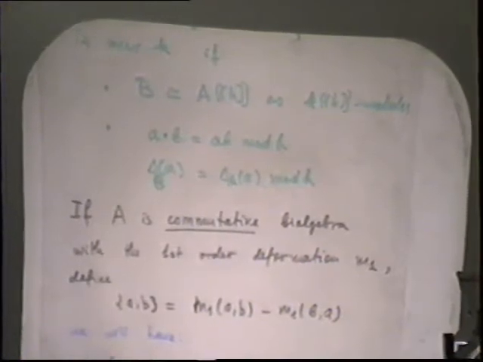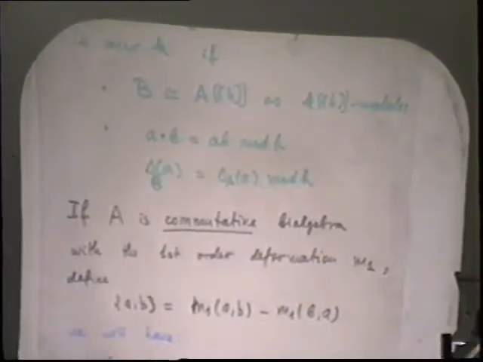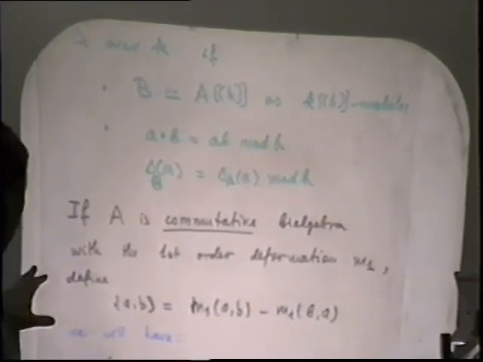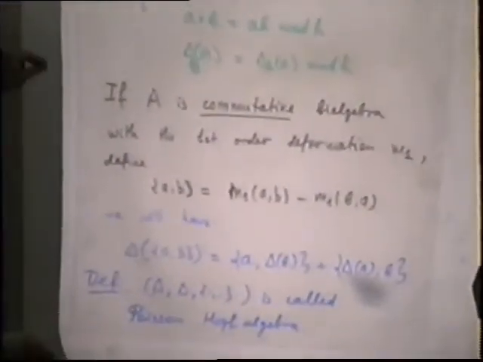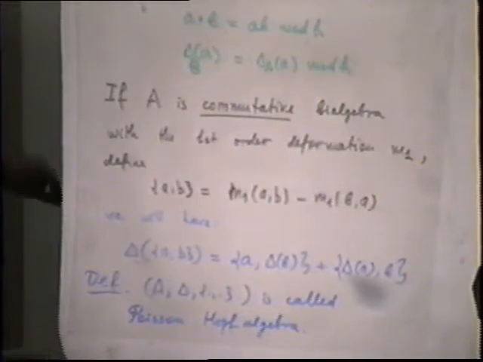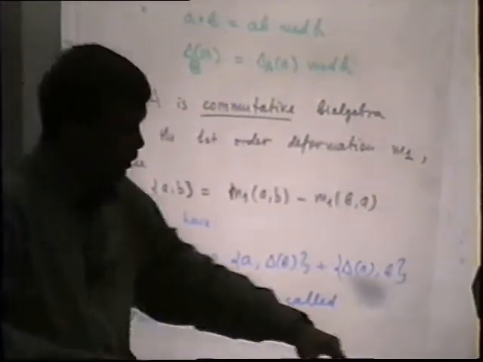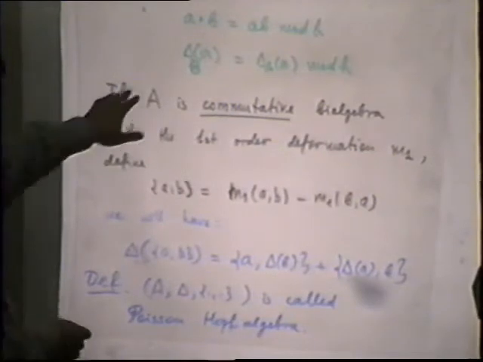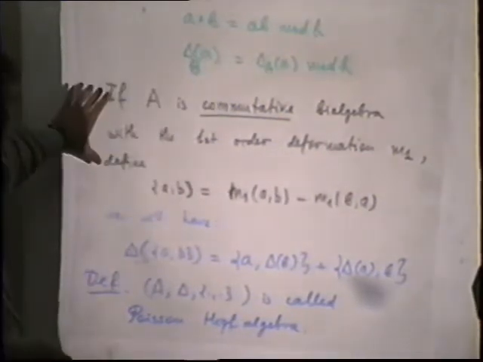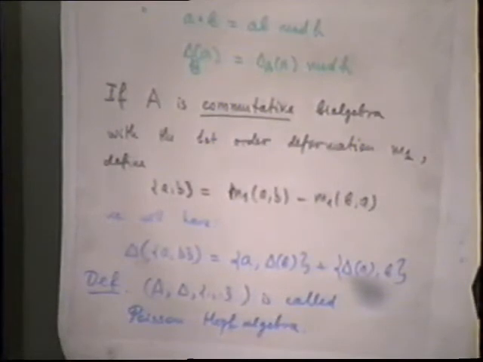Now if A is a commutative bialgebra, meaning that the multiplication is commutative, the co-multiplication doesn't matter which one, and suppose that we have a first order deformation of this commutative bialgebra. Then we can define these brackets. So then we can forget for a minute the structure of the bialgebra on A. If you forget about the co-multiplication, what you will have here is a deformation of a commutative algebra.